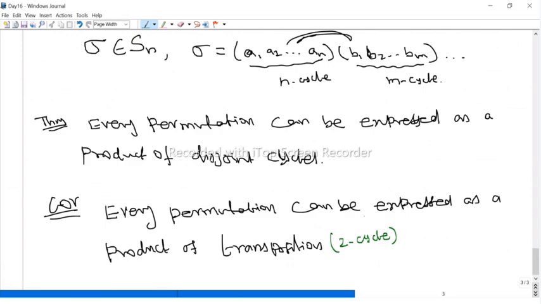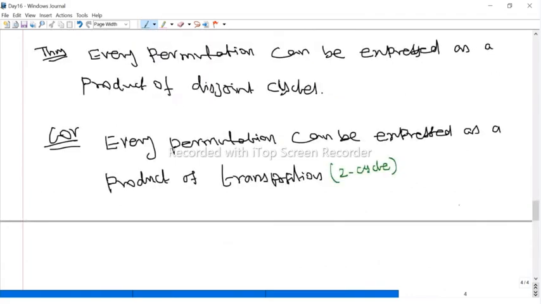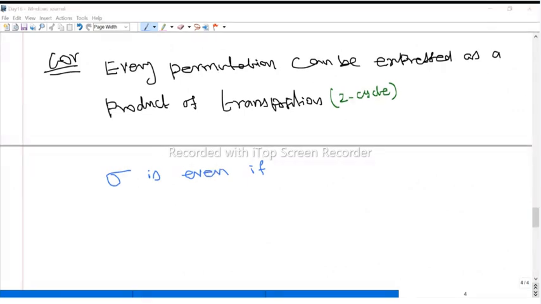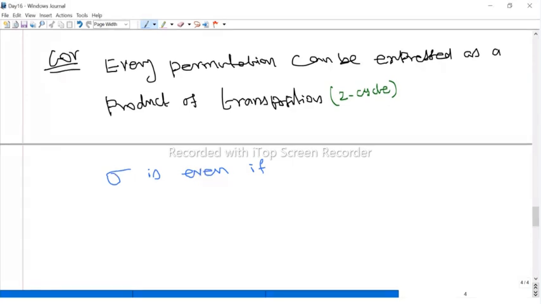Okay, so now we define what is an even permutation and what is an odd permutation. The number of transpositions in the product, if it is even, then it is called an even permutation. Suppose we say sigma is even. When we say a permutation is an even permutation, there are 2 definitions, but everything is equivalent.